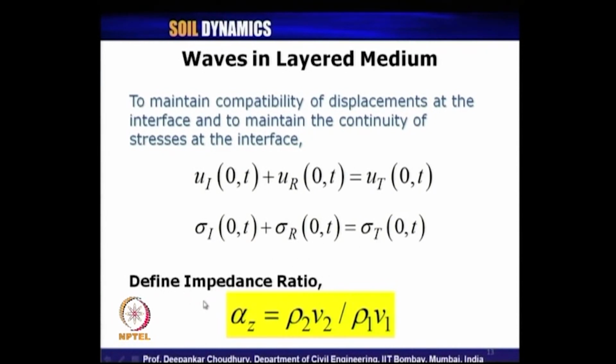Then we have defined one parameter known as impedance ratio, which is nothing but the ratio of the multiplication of density and shear wave velocity of one media to the other media. One media means when waves are traveling from medium 1 to medium 2, then impedance ratio is expressed in this way.